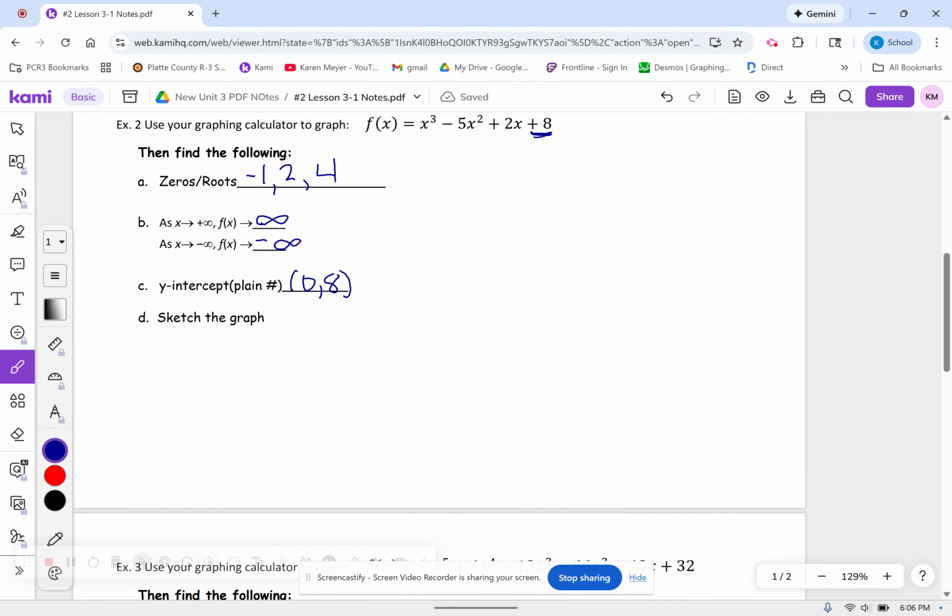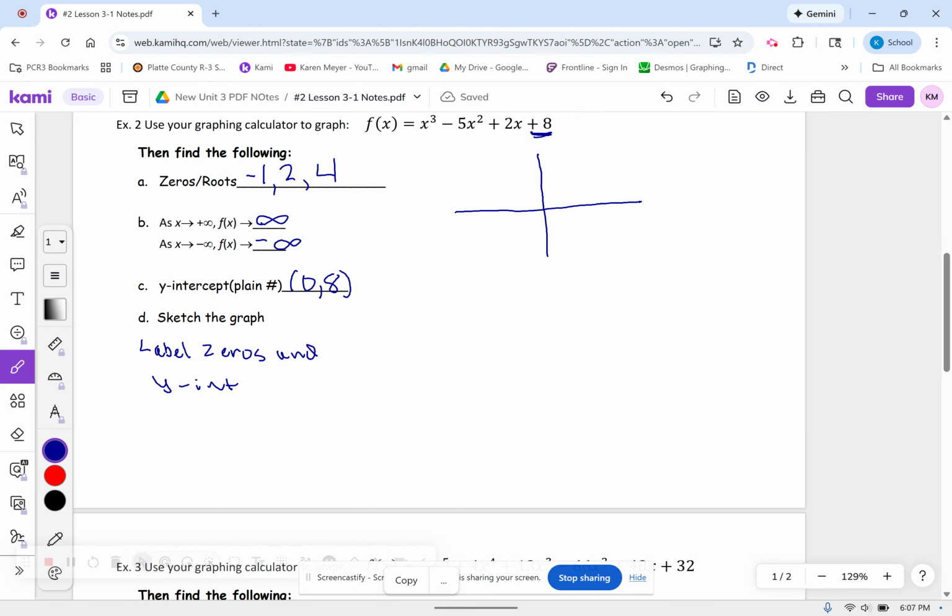Okay, so now we're going to sketch the graph. And when you sketch the graph, you must label the zeros and the y-intercept. So I'm going to put an x and y axis on. I don't have to put every little dash mark for everything.